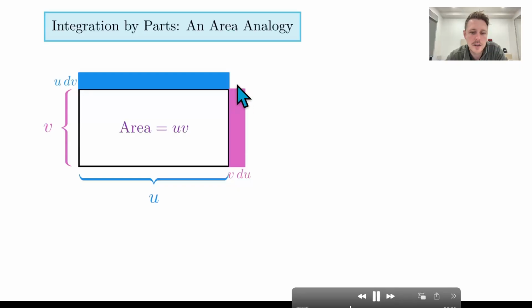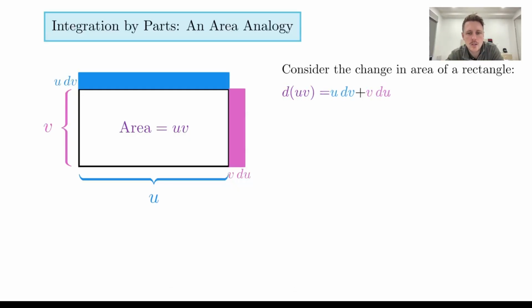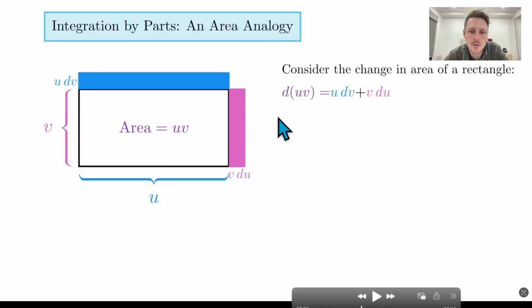But what we want to do now is just consider the change in area of this rectangle. So we might write it like this to begin with. We'd say, all right, how does this rectangle change? Well, the area changes. We can notate that as d of u times v. And the way it's changing is the sum of the horizontal and vertical contributions.